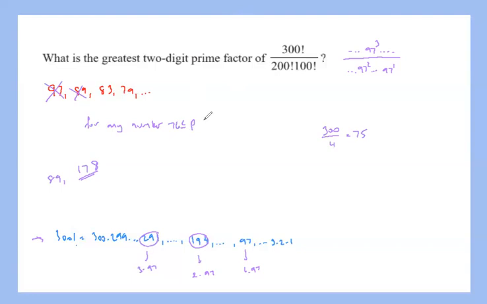Anything that is at least 76 and less than 99, you will have 3 factors of those primes in the numerator and 3 factors of those primes in the denominator, which means there will be no numbers left with those prime numbers. They will cancel each other. Okay, so nothing works.